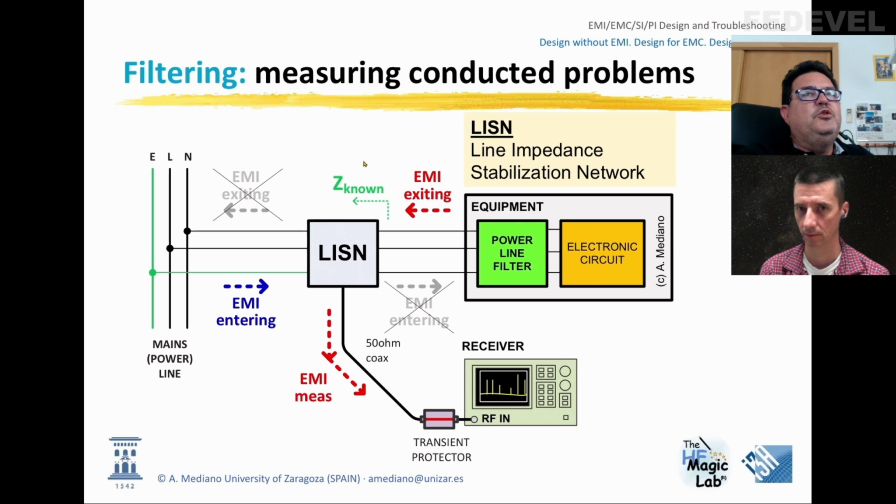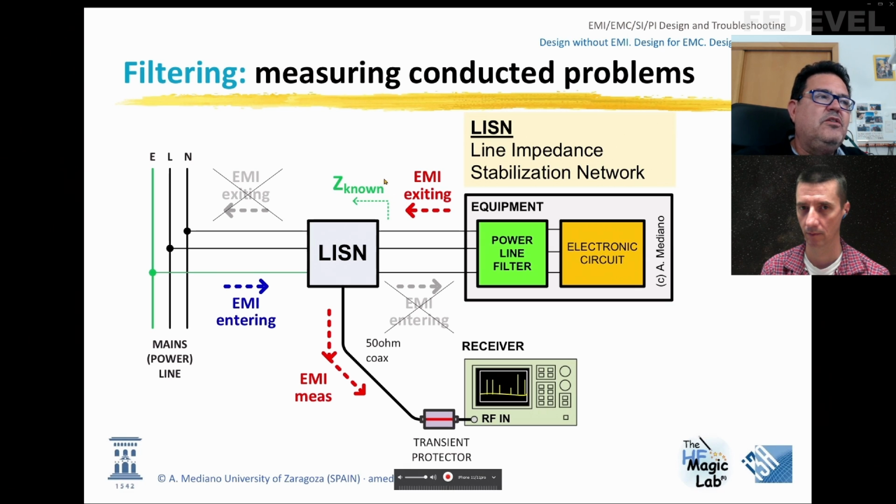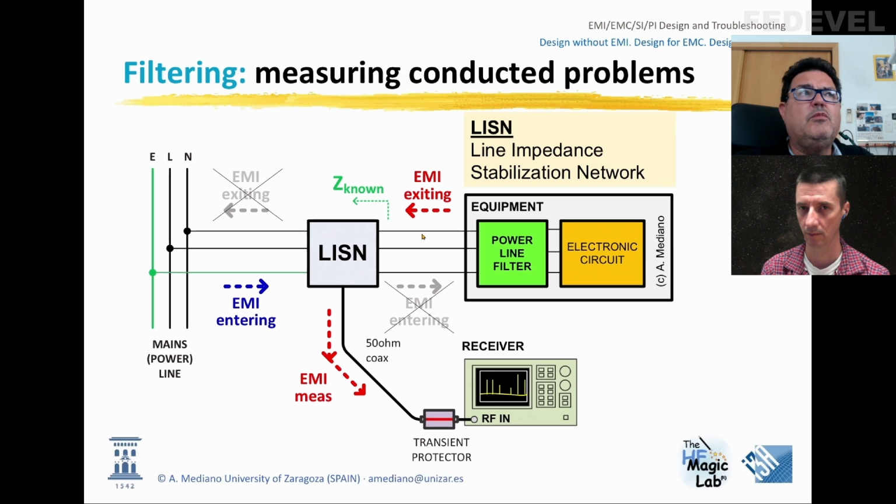So that is because we use this black box, this metal box that is called line impedance stabilization network. The line impedance stabilization network is a way to control the impedance you are offering to your product in common mode and in differential mode in a standard way.